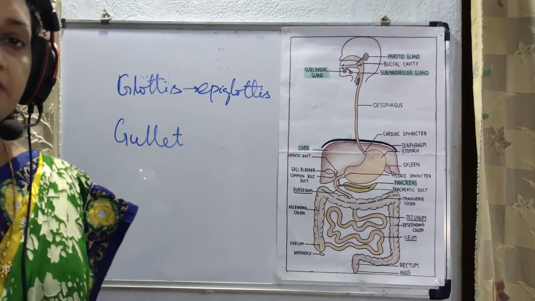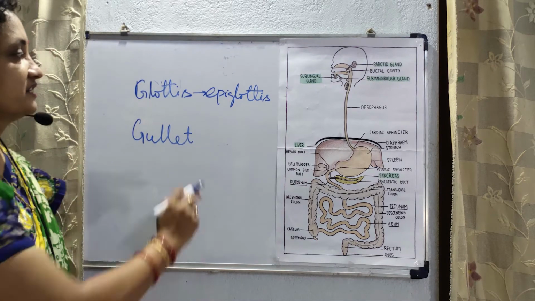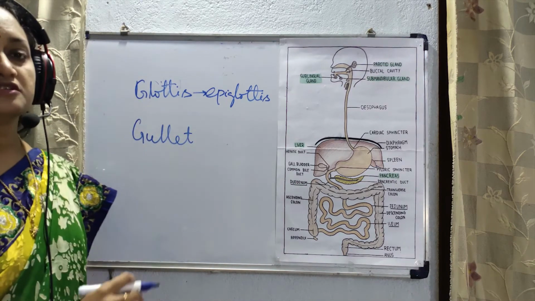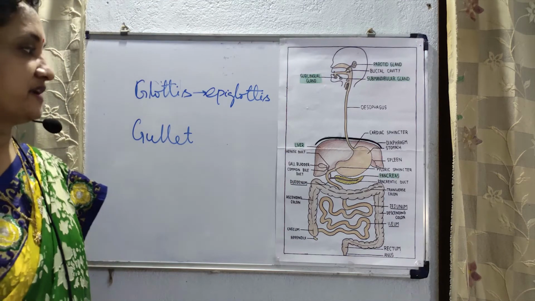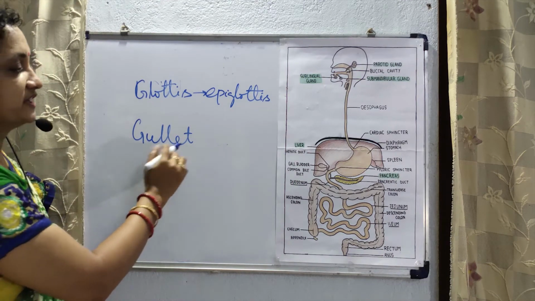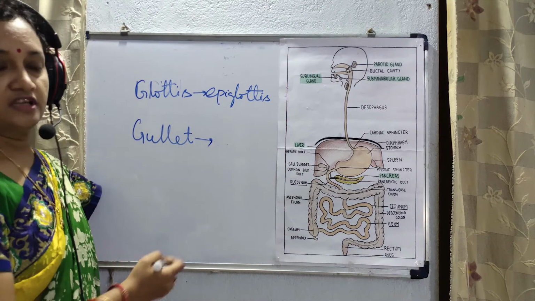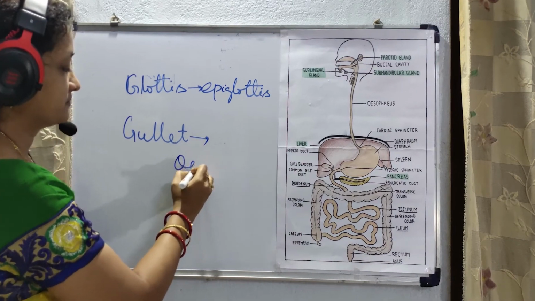So, what is the function of the epiglottis? The epiglottis helps in closing the glottis so that it prevents the entry of food into the respiratory tract. So, the gullet leads into the esophagus.